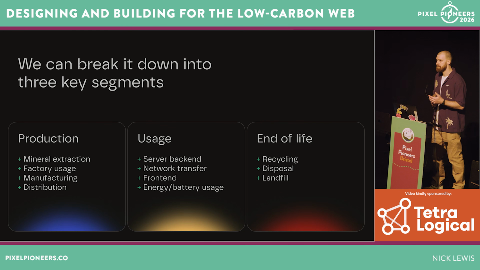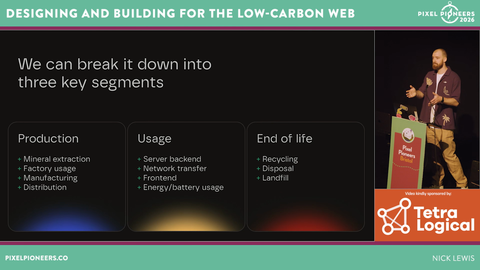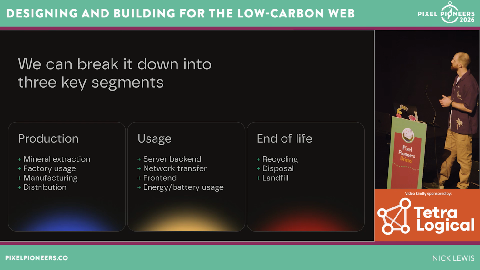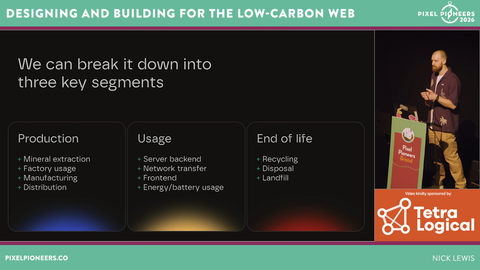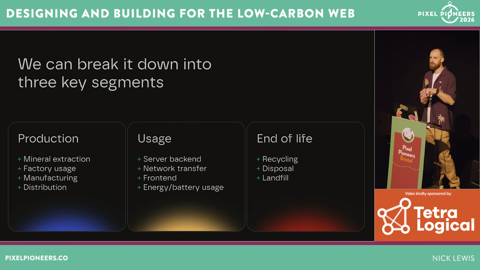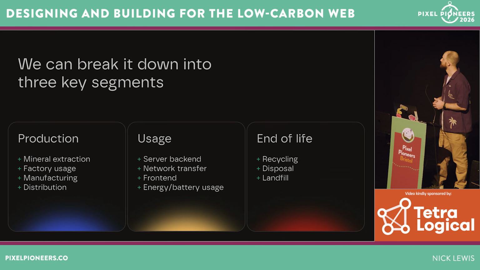We've also got the usage. So the usage of your devices, the data centers and the servers within them, the network transfer itself, getting data from one place to another, and the front end, which then has obviously an energy impact on your devices.